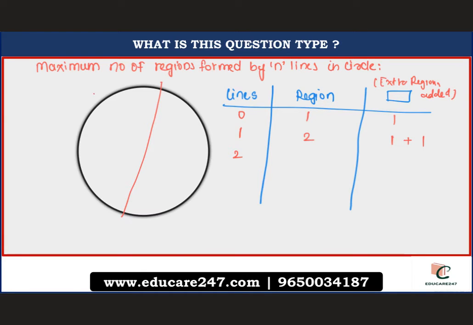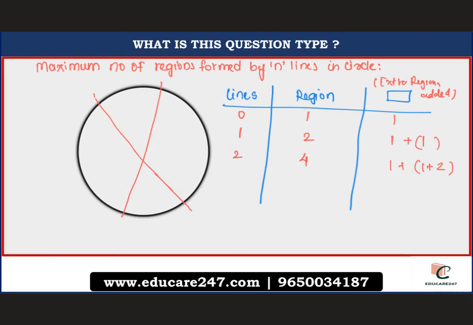Now let's suppose there are 2 lines. We'll draw another line. How many regions are there? There are 4 regions now, 1, 2, 3 and 4. So the total number of regions is 4, which can be written as 1 plus 3, and 3 can be written as 1 plus 2. Just follow what I'm doing.